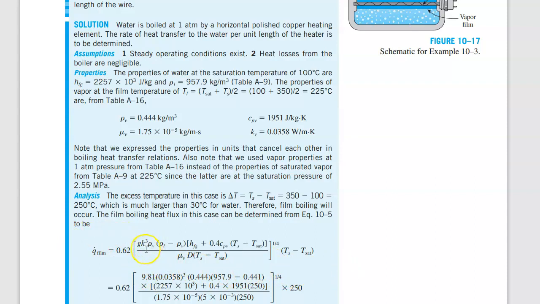Then we need to find whatever that small notation is. We need to find everything. This we could find by using table A9 and also table A16. Okay.